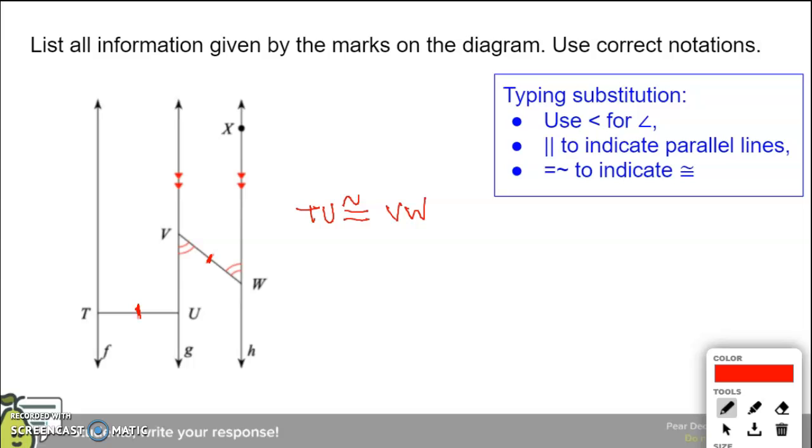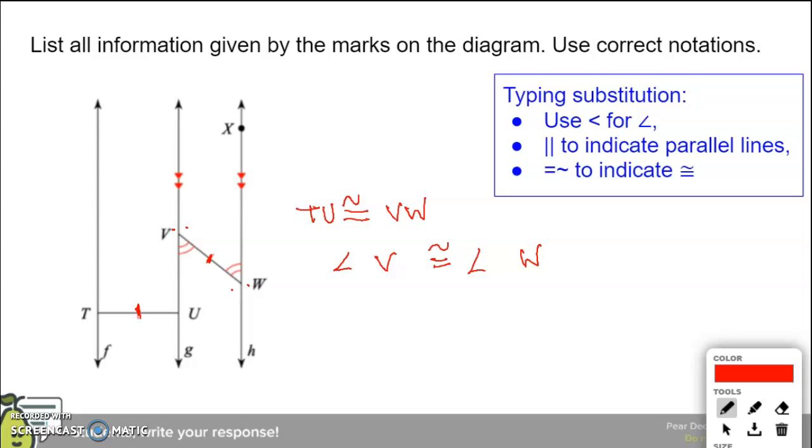What about these two angle measures? Okay, so if we just said angle V is congruent to angle W, this would be ambiguous because angle V could be talking about this angle, or it could be talking about the linear angle, and W could be talking about this angle or the linear angle. So it's ambiguous, so you cannot use one letter notation for this angle congruence. You need to use three letters.